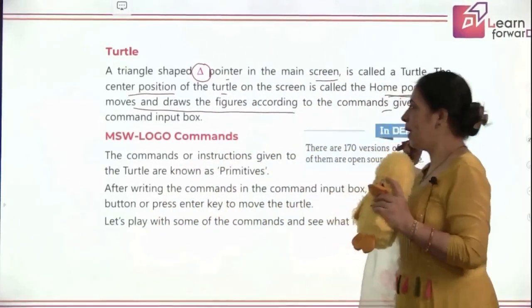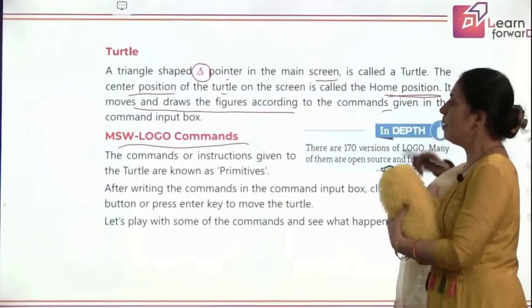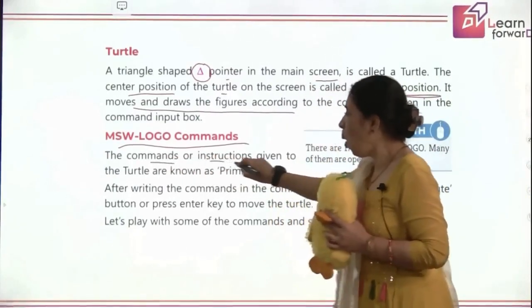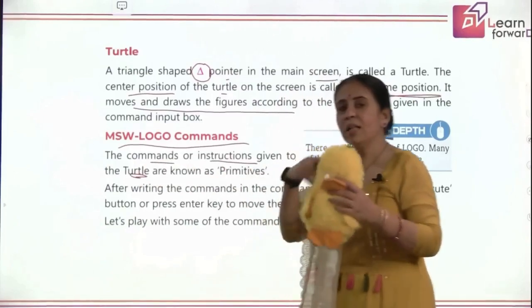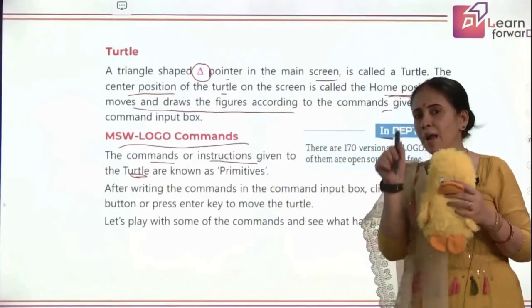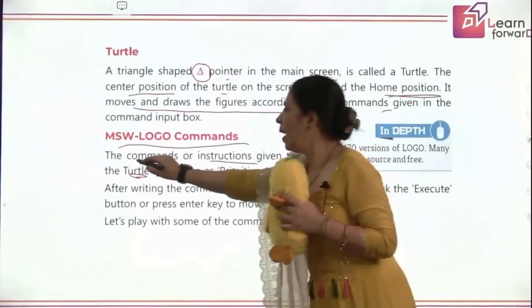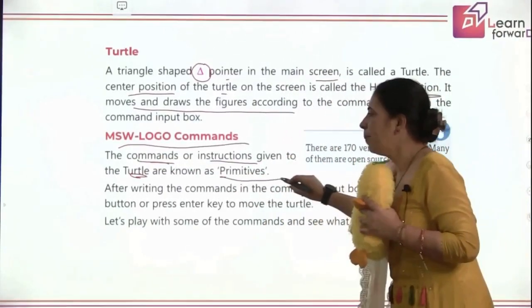And now we come to what are MSW logo commands. So, children, basically you give certain commands or instructions to the turtle. Now, what are these instructions called? Remember, I'll be using this word later, primitives. So, your commands which are given to the turtle are called primitives.